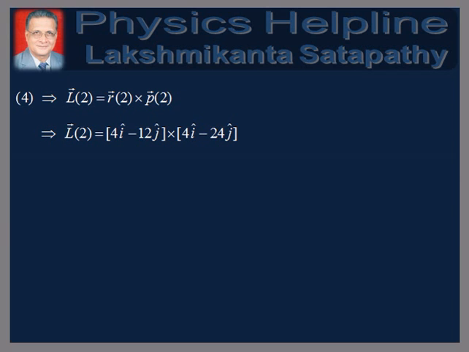L(2) = r(2) cross p(2), which implies L(2) = (4i cap minus 12j cap) cross (4i cap minus 24j cap).